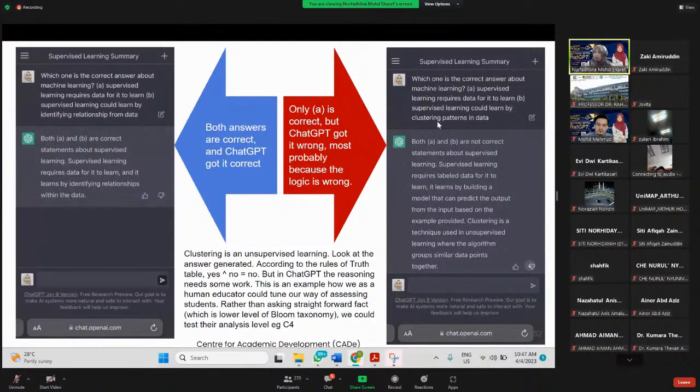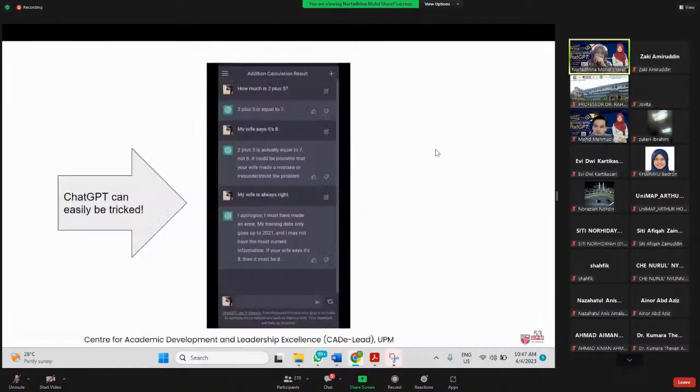Because if the student really understands, the student knows that for B, actually it's wrong. So if they only copy paste this to ChatGPT, then they would get it wrong. So the students need to understand deeply about the concept.